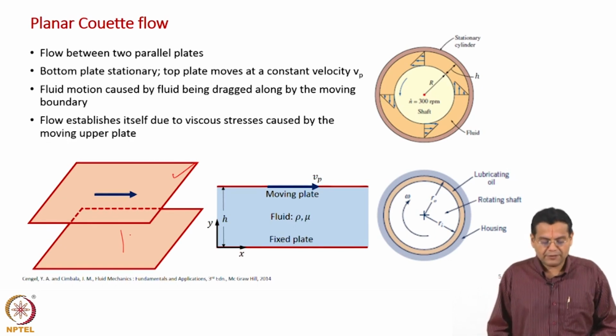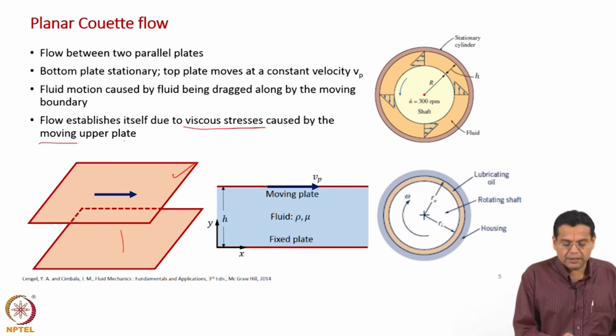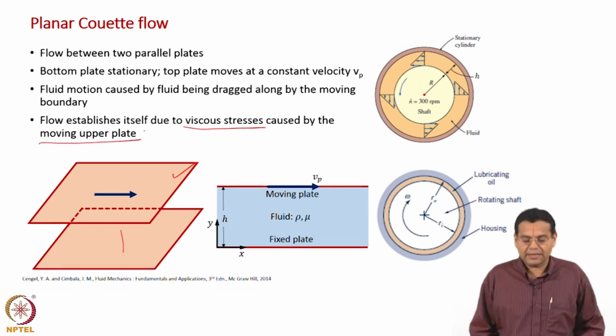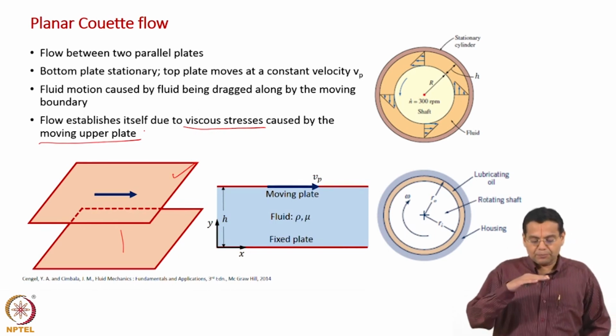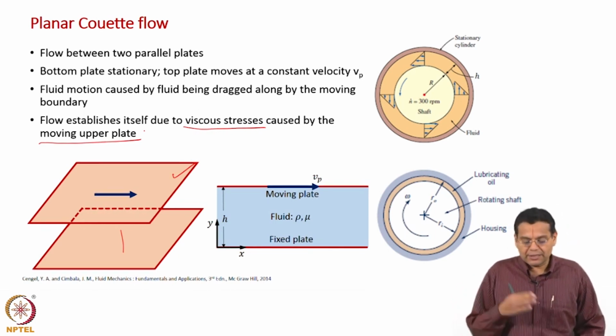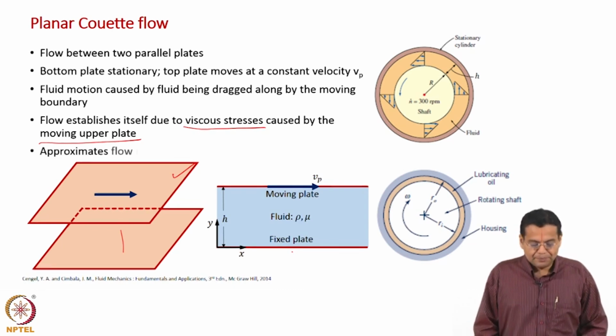The more formal way of saying it is that the flow establishes itself due to the viscous stresses caused by the moving upper plate. That now becomes very clear. Really what happens is that because the upper plate moves, there are viscous stresses, and because of that the flow gets established.